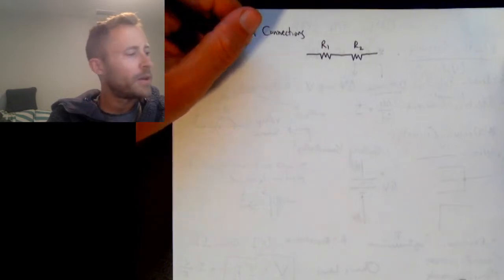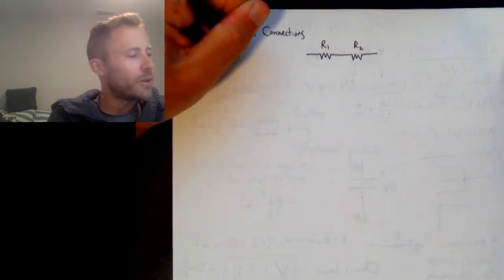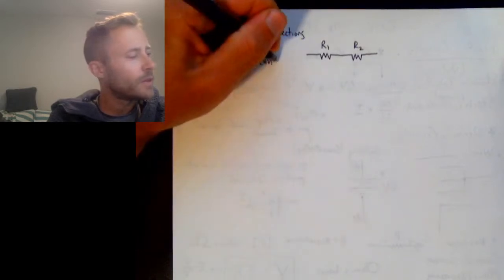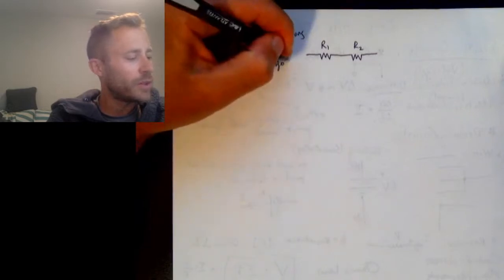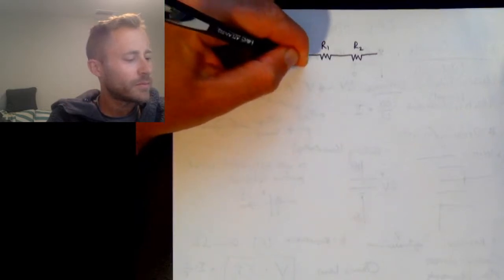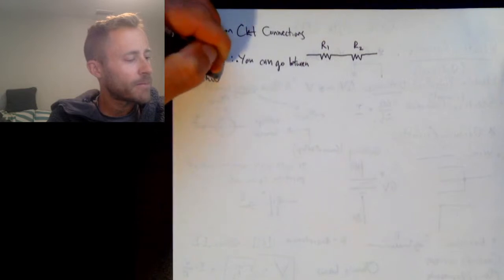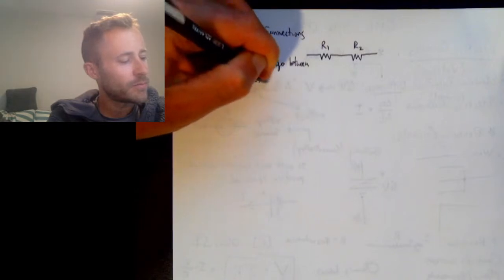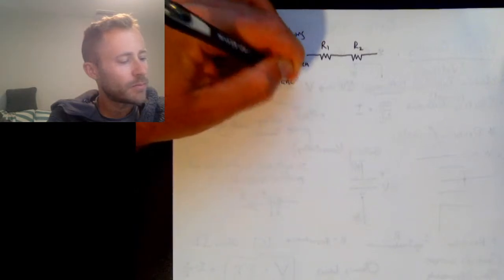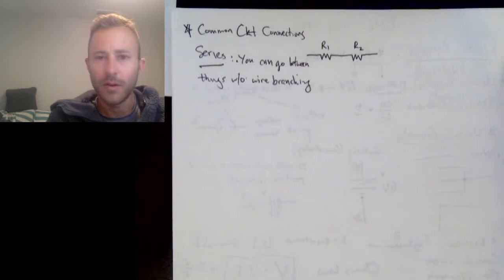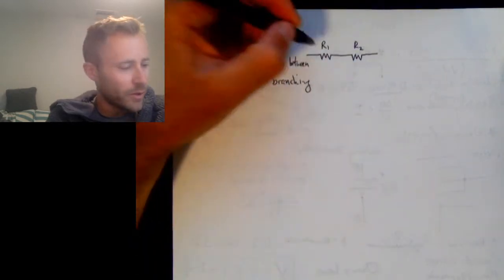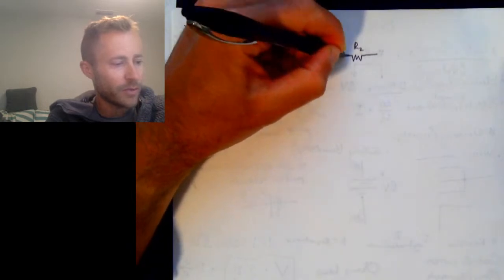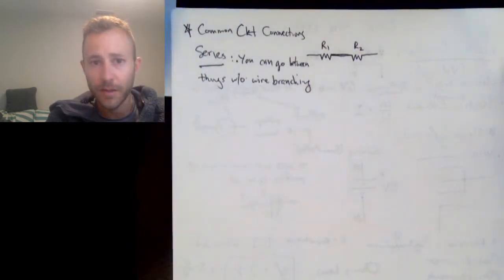If you can go between the things without the wire branching. Okay, so it's very clear here that the wire is not branching. See, I can just go directly from resistor 1 to resistor 2.